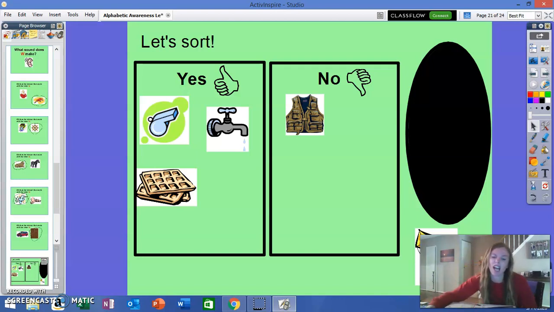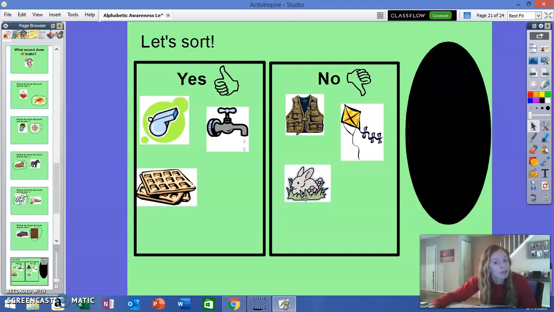Thumbs down, you're right. Kite does not start with a W. Kite starts with K. Rabbit. Thumbs down, you're right. Rabbit starts with R. Very good.